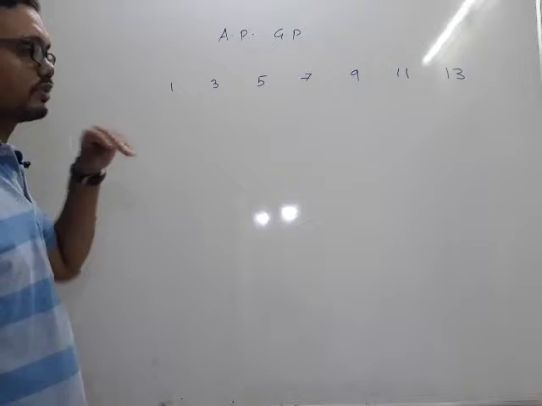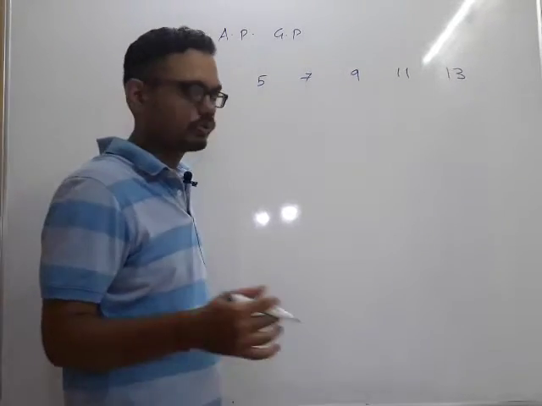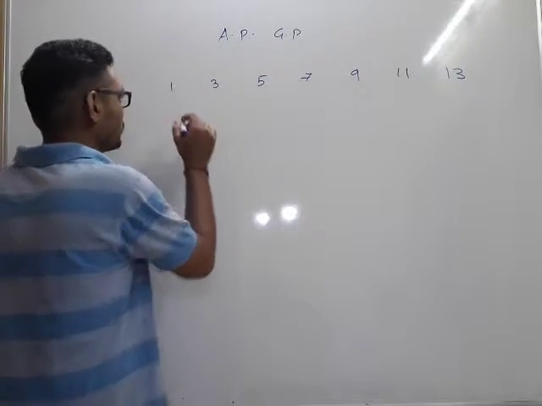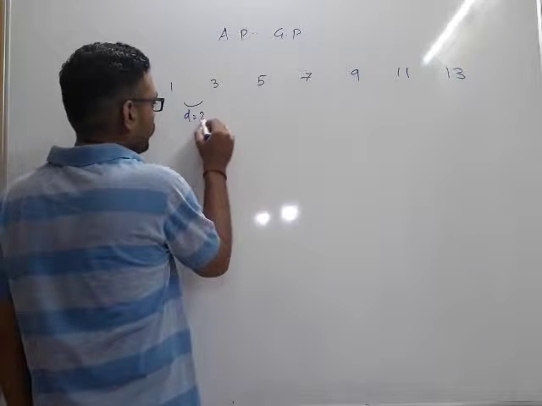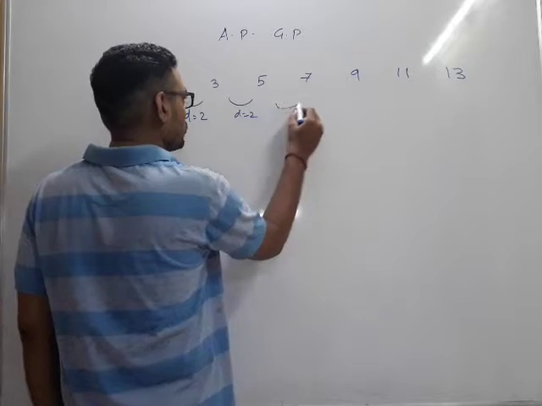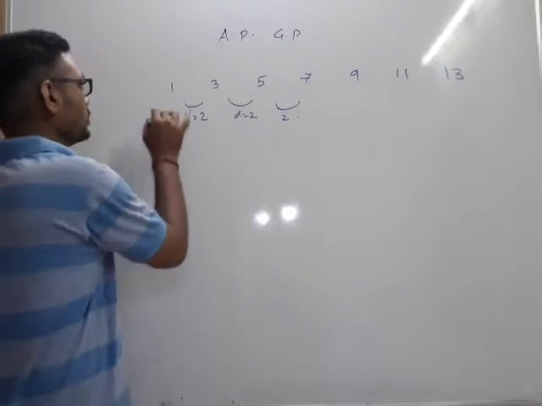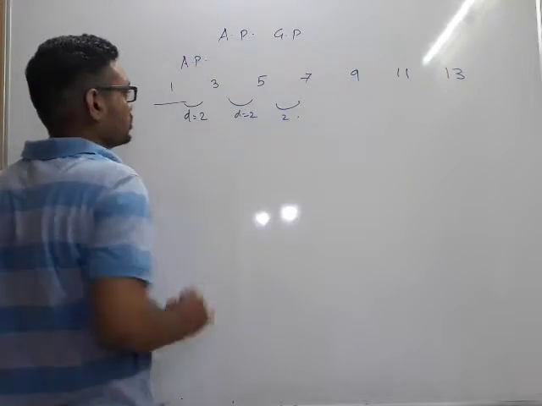It is a series of numbers and it is progressing in some pattern. That pattern is nothing else but the difference, which is 2 over here. So this can be named an arithmetic progression.